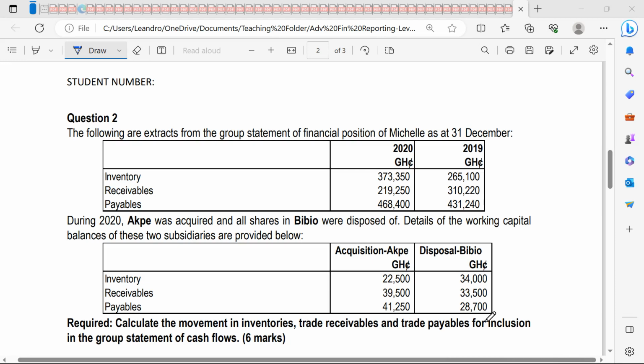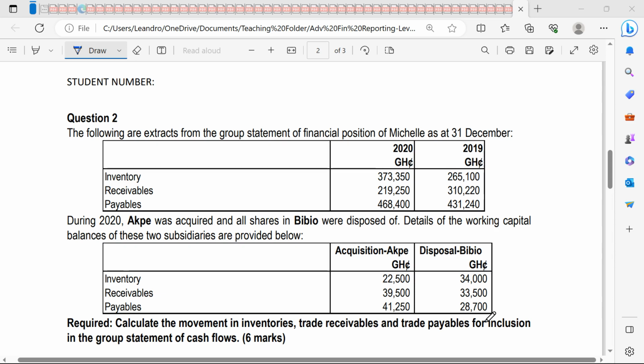In question 2, you were given extracts from the group financial statement and you were to prepare the movement in inventories, trade receivables, and trade payables for inclusion in the group statement of cash flows. I don't know how you understood this question, but a lot of you really deviated from the way you were supposed to answer it.